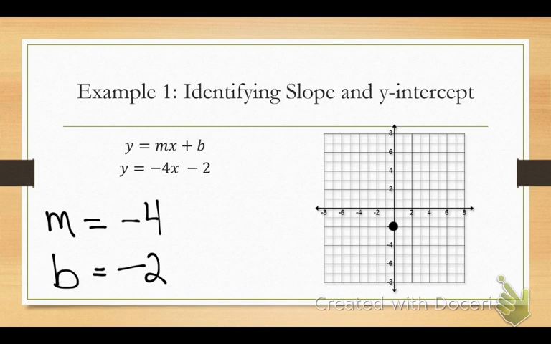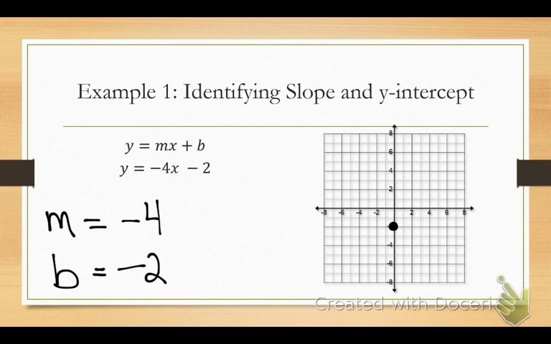So whatever your b value is, if it was 4, I'd plot the point at +4. Remember, this is my y-axis. So again, I really didn't do any work. I just know now how to read the equation, and the last number in the equation, this -2, tells me where it crosses the y-axis.